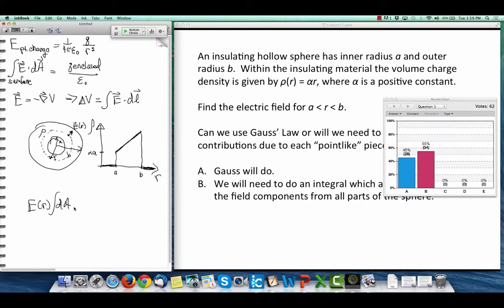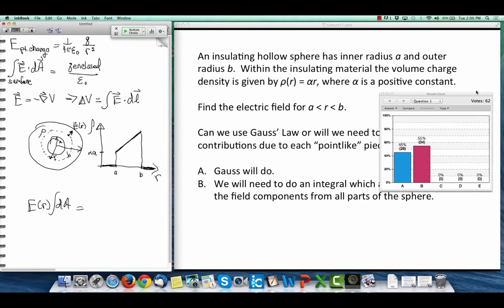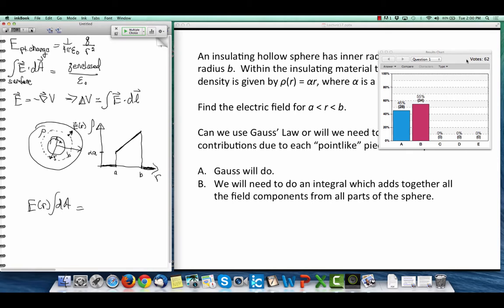That's just 4 pi times the radius squared. And then for the right-hand side of Gauss's law, we're just going to need the charge enclosed over epsilon naught. That charge enclosed we're going to have to get by integration.